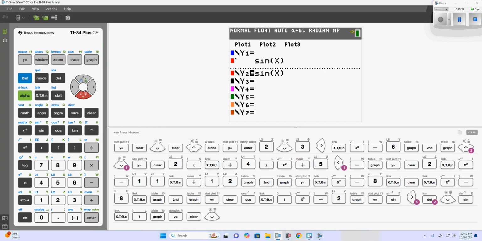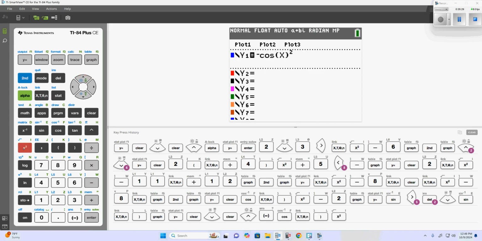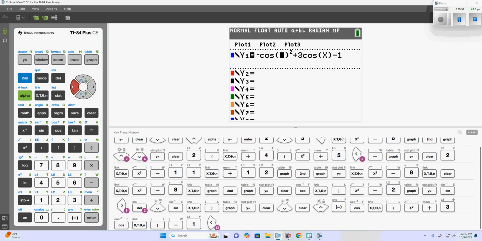So I'm going to show you this here. Negative cosine of x squared plus 3 cosine of x. Yes, thank you, because that will change the entire equation. 2 cosine of x squared.